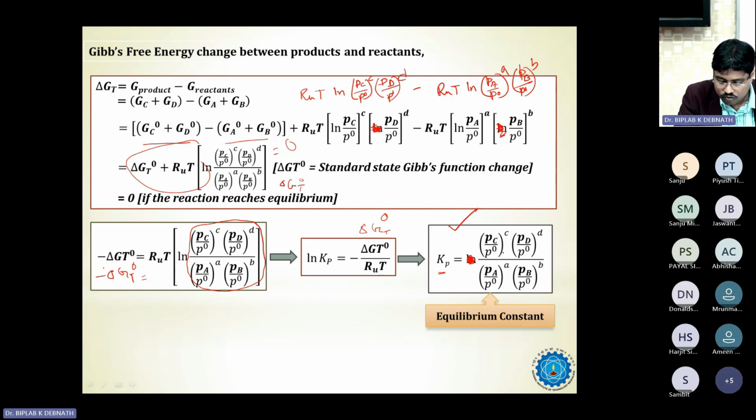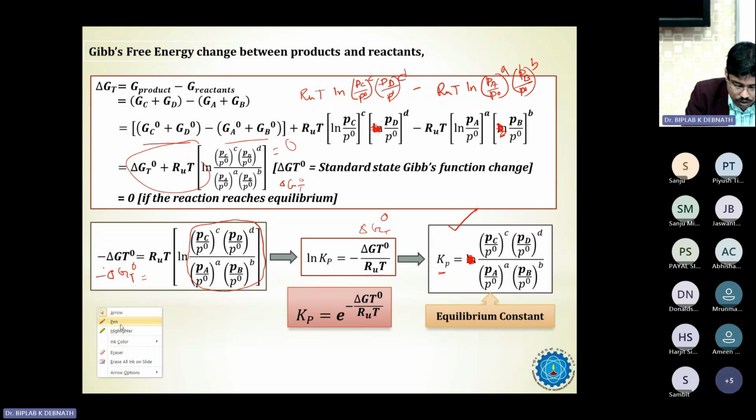It is the ratio of partial pressure divided by standard pressure to the power C, partial pressure of D divided by standard pressure to the power D, partial pressure of A divided by standard pressure to the power of the number of moles of A, into partial pressure of B divided by standard pressure to the power of the number of moles of B. So we can write Kp is equal to e to the power minus delta GT naught divided by RuT, because the ln goes to the other side.